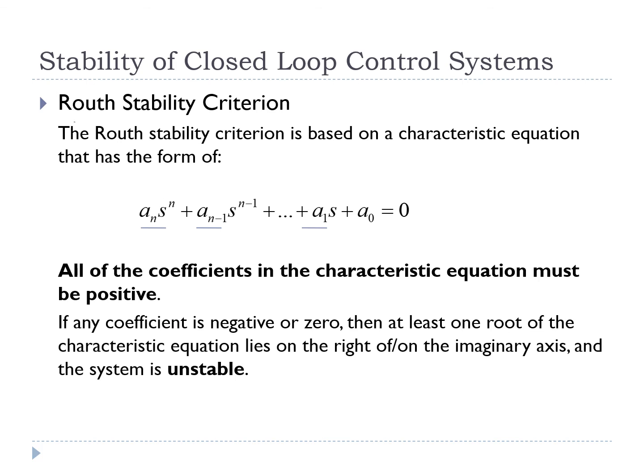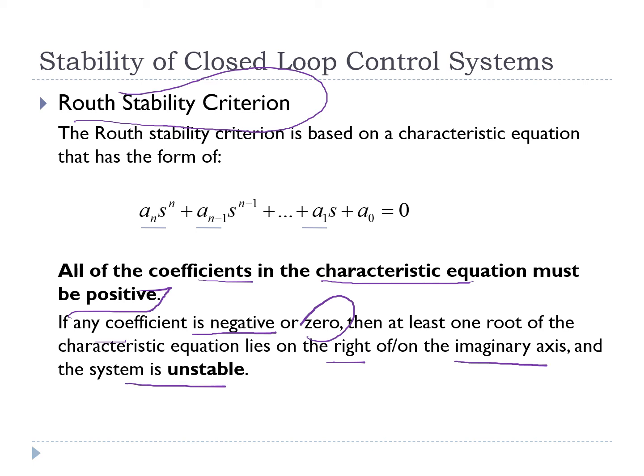Based on the root stability criterion, all of the coefficients in the characteristic equation must be positive. But if any coefficient is negative or 0, then at least one root of the characteristic equation lies on the right or on the imaginary axis, and the system is unstable.